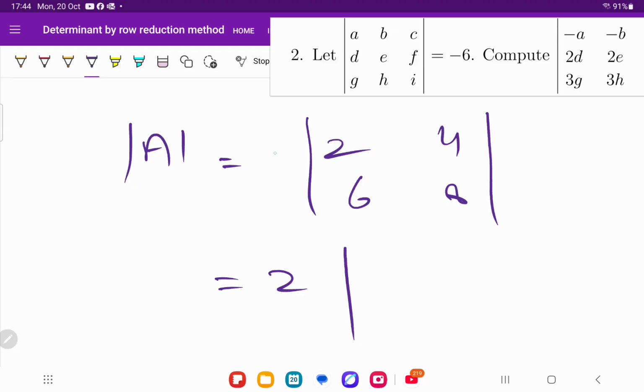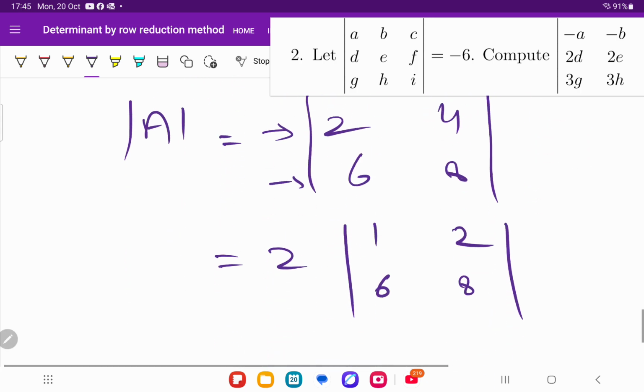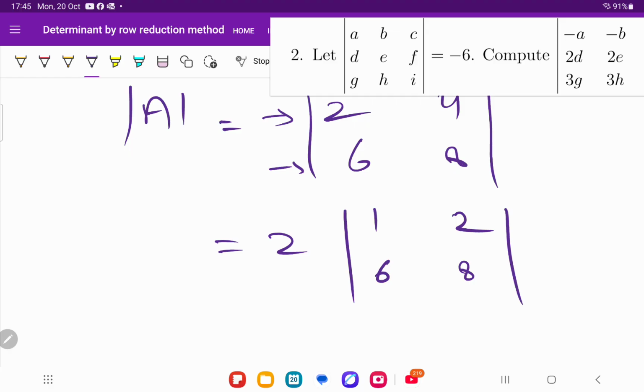For example, if you want to take out 2 from the first row, this will be written as 1 and 2, and the rest, 6 and 8, will be written as it is. The next row will not be impacted, which is different from the matrix, where it is impacted.